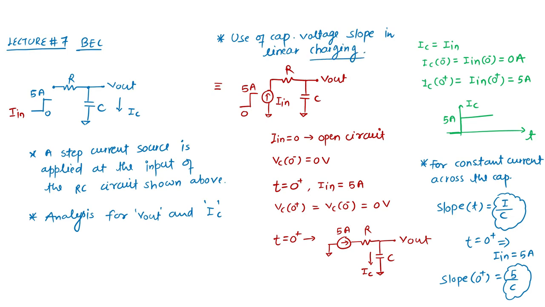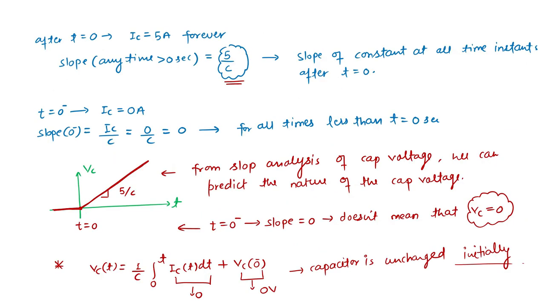For that you must understand the capacitor current at any instant of time where you want to see the slope. In linear charging, the slope is constant for all times after some time instant, which is 0 in this case. So with slope analysis only, we can see the exact nature of my voltage, which is linear in this case.